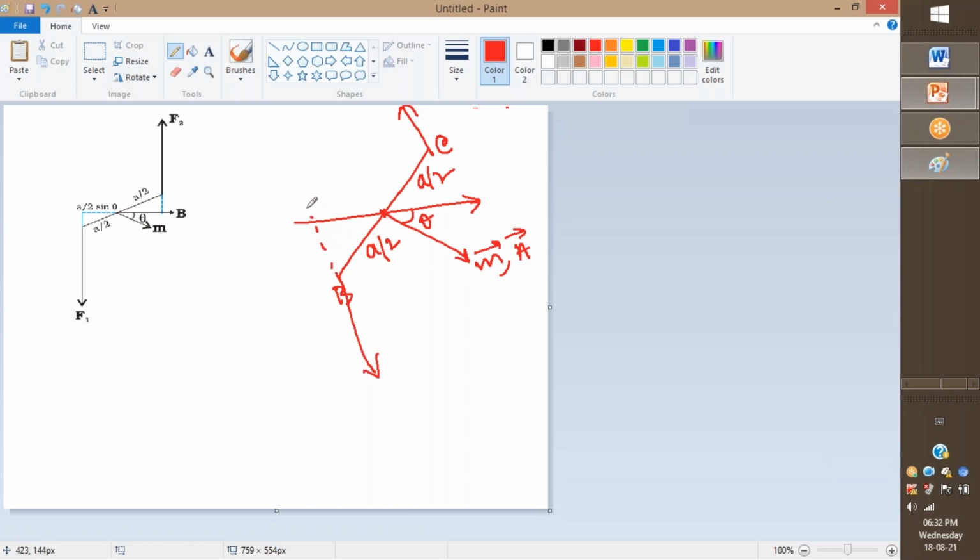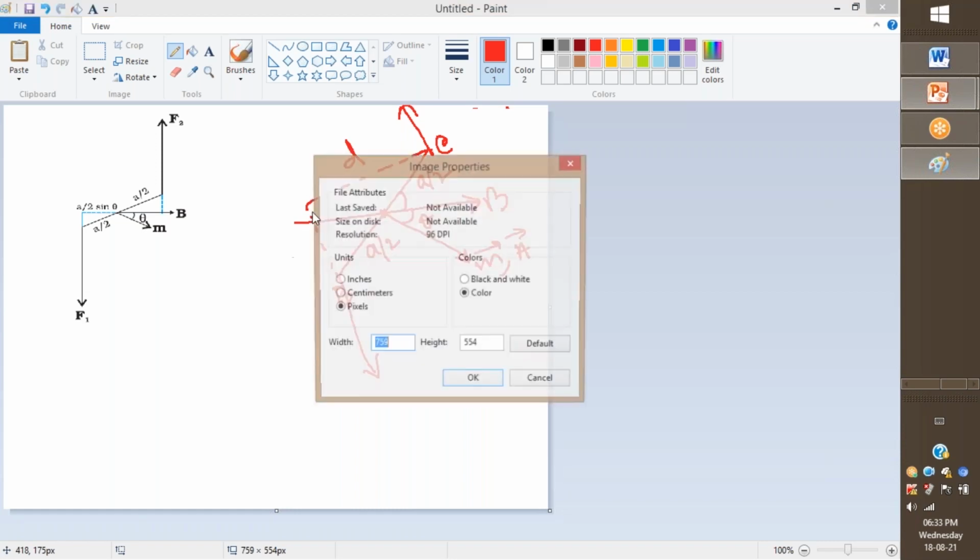Now what you have to find out is, there are two forces, one along this direction and another along this direction. Look here, this is the perpendicular distance. If I say this is D, this is the perpendicular distance between the forces. So how to find that? To find that perpendicular distance, you have to see this figure.